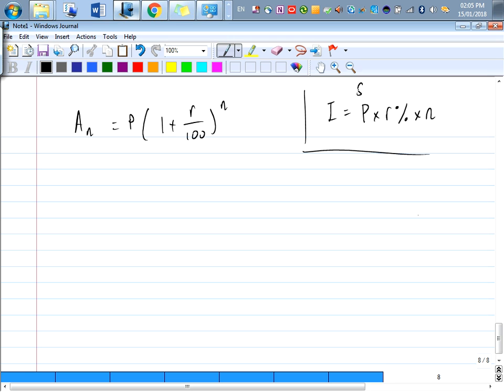In our simple interest, this one is compound interest. This one was our principal. This over here is also our principal. Same P. Then I had over here interest rate.